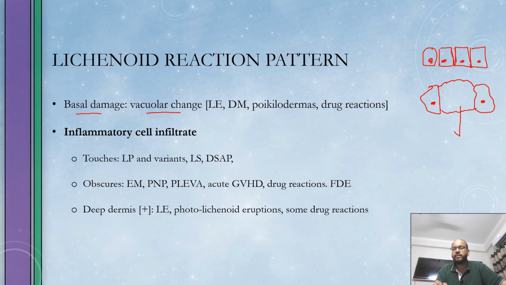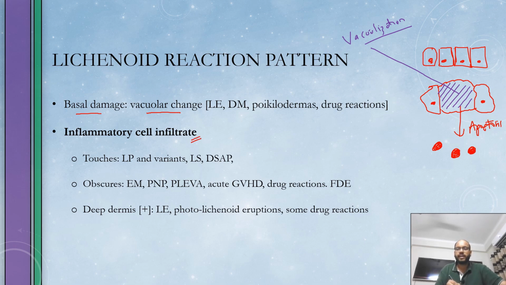They have undergone apoptosis, and after apoptosis, they will form colloid bodies. These are shrunken eosinophilic remnants. And when these cells drop down in the papillary dermis, there will be a huge empty space here. And this empty space is nothing but the basal layer vacuolization. So this is what we mean by basal layer vacuolization or the vacuolar change.